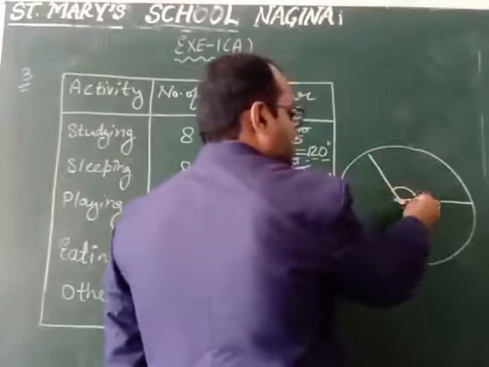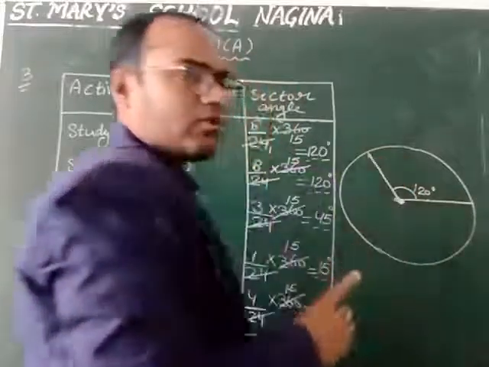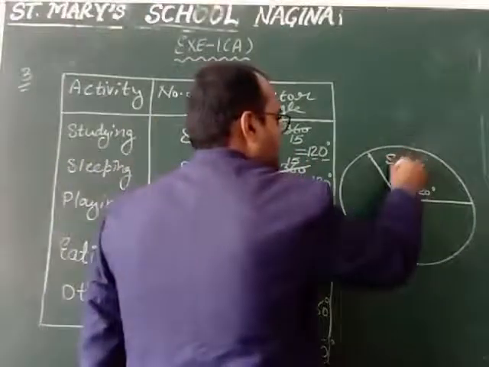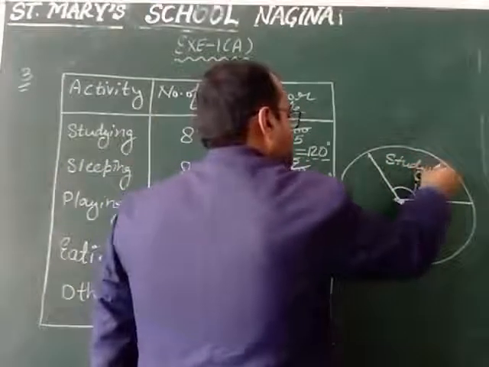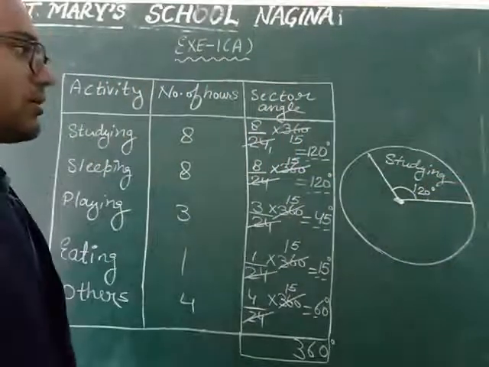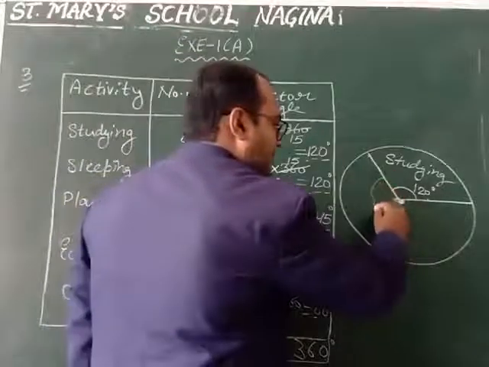So here we will write this is 120 degree. And the activity name also we have to write. This 120 degree is of studying. So here we will write study. Now we have to rotate our notebook. Protractor we will keep here like this.